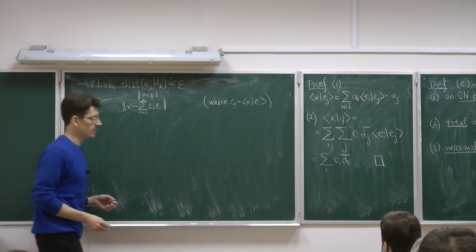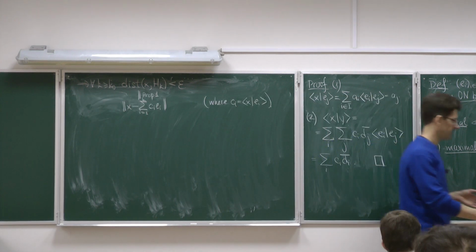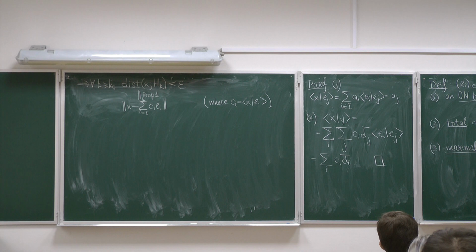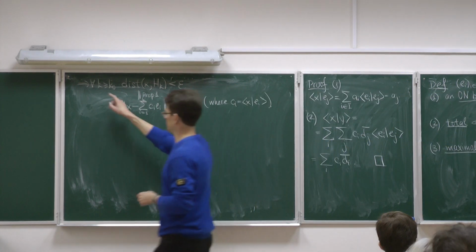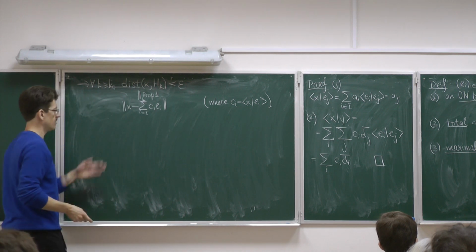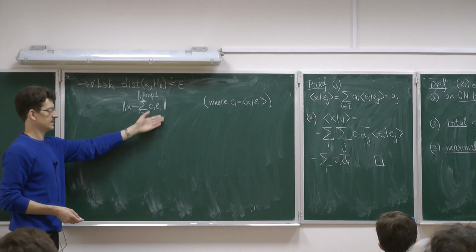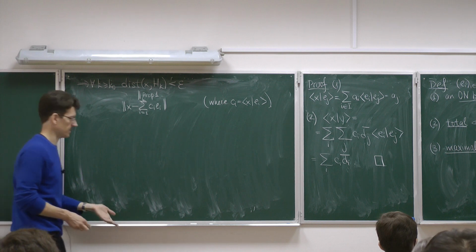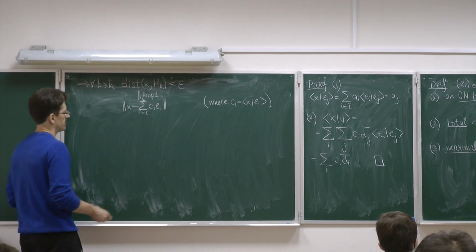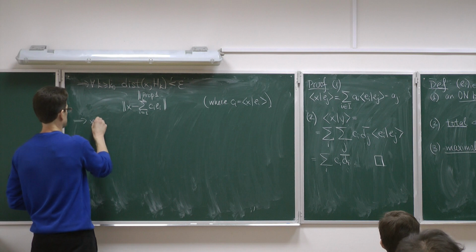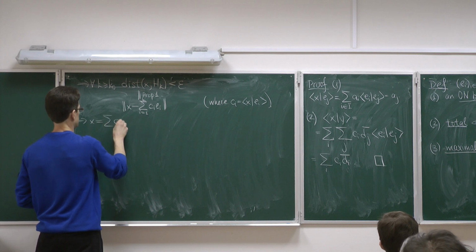Okay, so we have proved that for each positive epsilon, there is a number k_0 such that whenever k is greater than or equal to k_0, we have this inequality. This is precisely the definition of a convergent series. So this implies that x is the sum of c_i e_i.